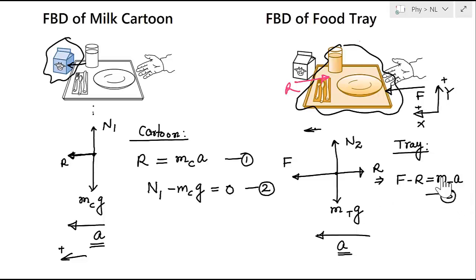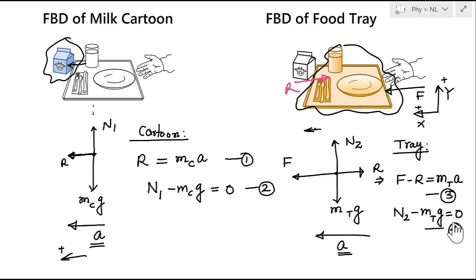We can also write the vertical direction equation, but that will not be so useful, but let us write it. N2 is the vertical force minus mtg, which is in the downward direction, that's why we have a negative sign. Force equals mass times acceleration, and acceleration in this case is 0, so we equate this with 0.